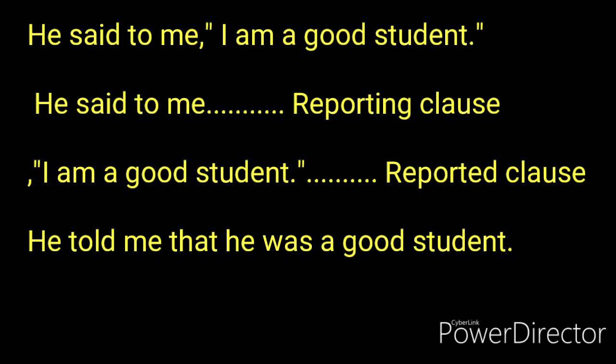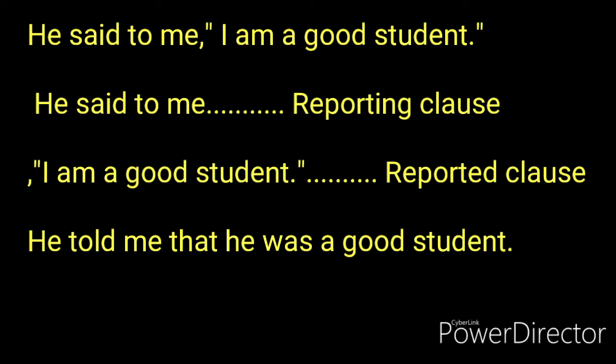So, he said to me, "I am a good student." This is direct speech. And he told me that he was a good student. That is indirect speech. So it is very easy to differentiate direct and indirect speech. If there is a comma and inverted commas in a sentence, that is direct speech.